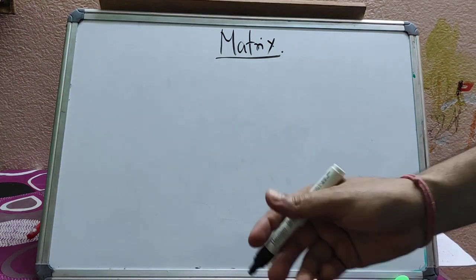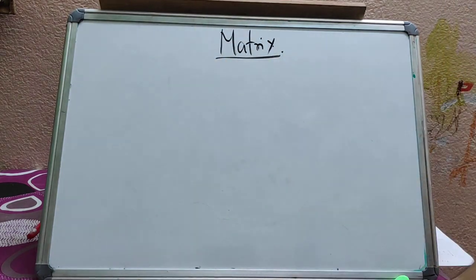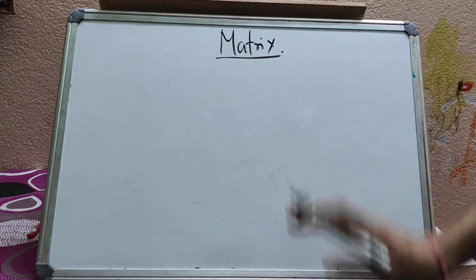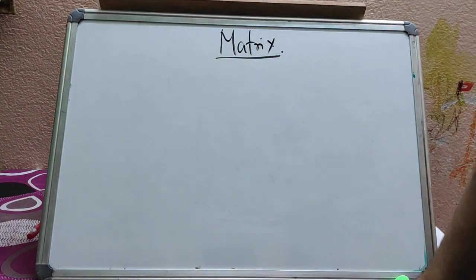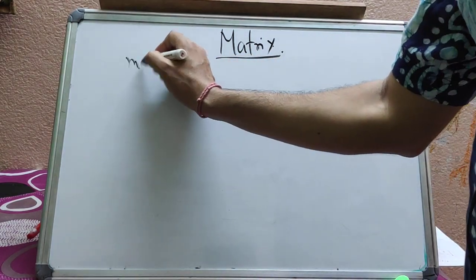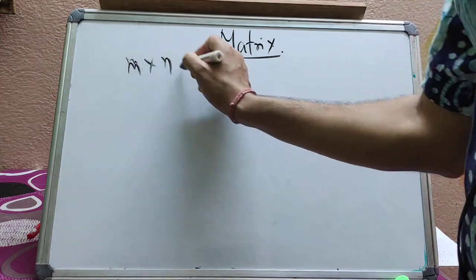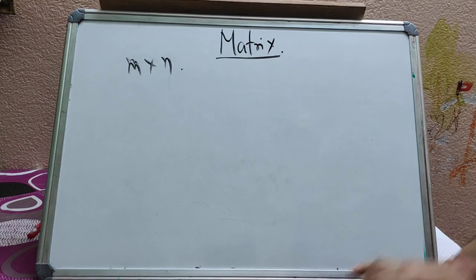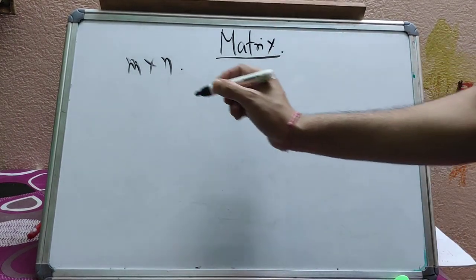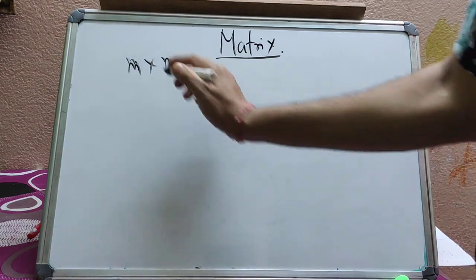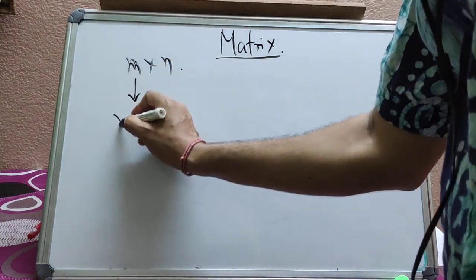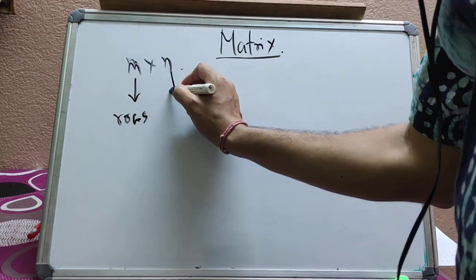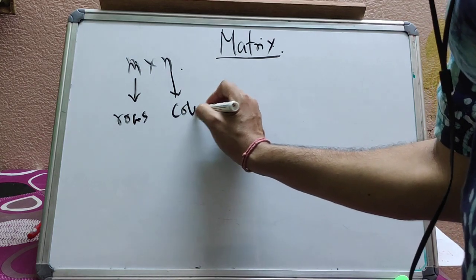Now we will see how a matrix is written in mathematics. Suppose there are some data, m cross n data, and we have to represent them in matrix format. How could you do that? We represent them in m number of rows and n number of columns.